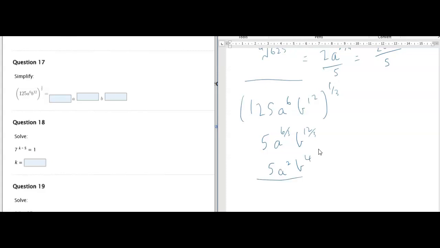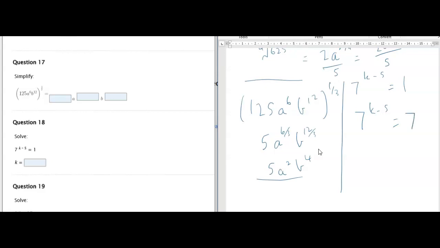Okay, question 18, I might just put over on this side. So 7 to the power of k minus 5 equals 1. This is a good question, but I think it would stump a lot of people. We remember when we're solving powers, we have to have the same base.